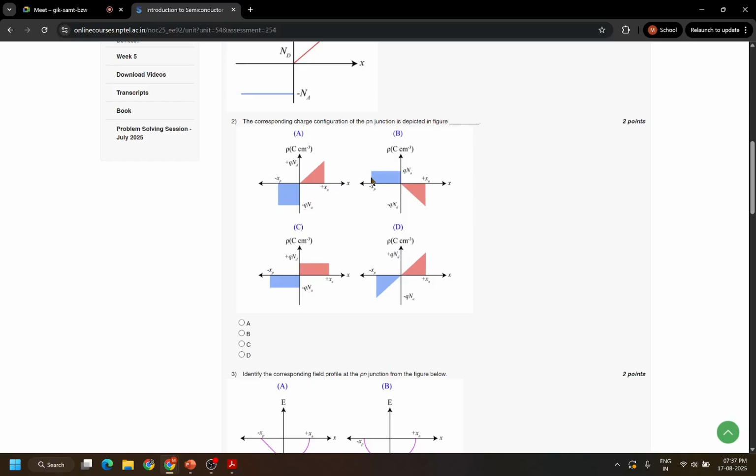For this case, it will be again linear and quadratic, but it will go up like this. For this case, it's both linear, so it will go like this and like this.